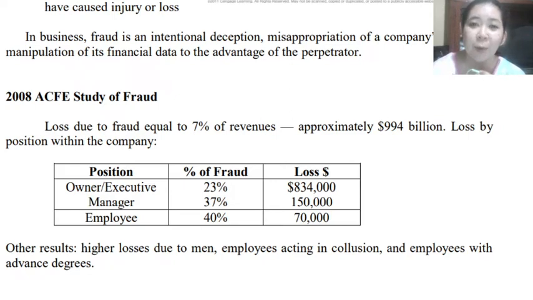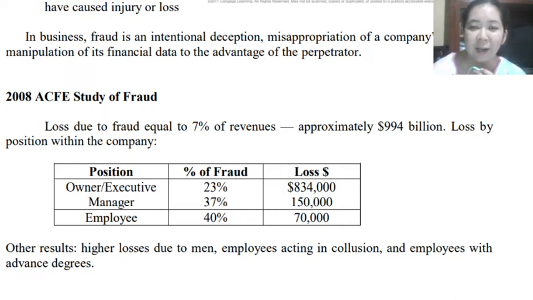And the employee who committed fraud. If you could notice in the data, it accounts for 40%. So from among all of the positions in an entity, there are more employees who are committing fraud. However, in terms of money, this is only $70,000.